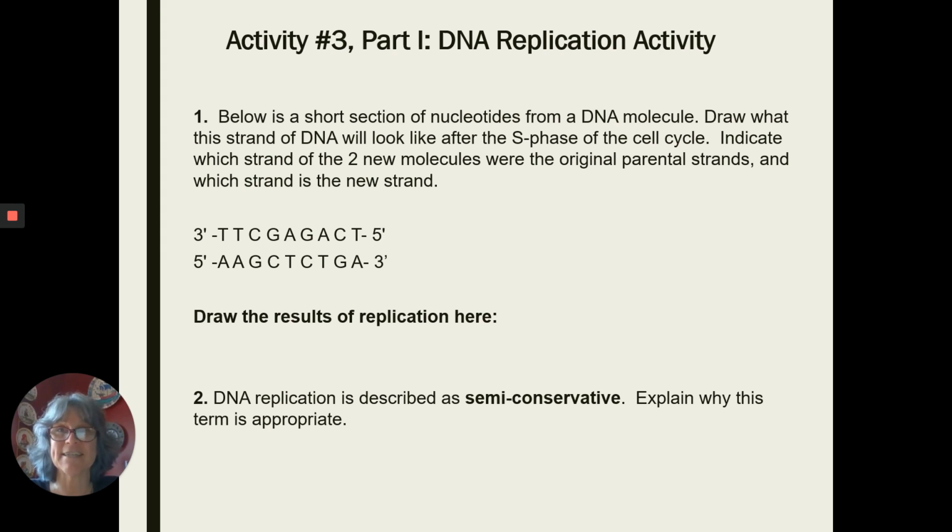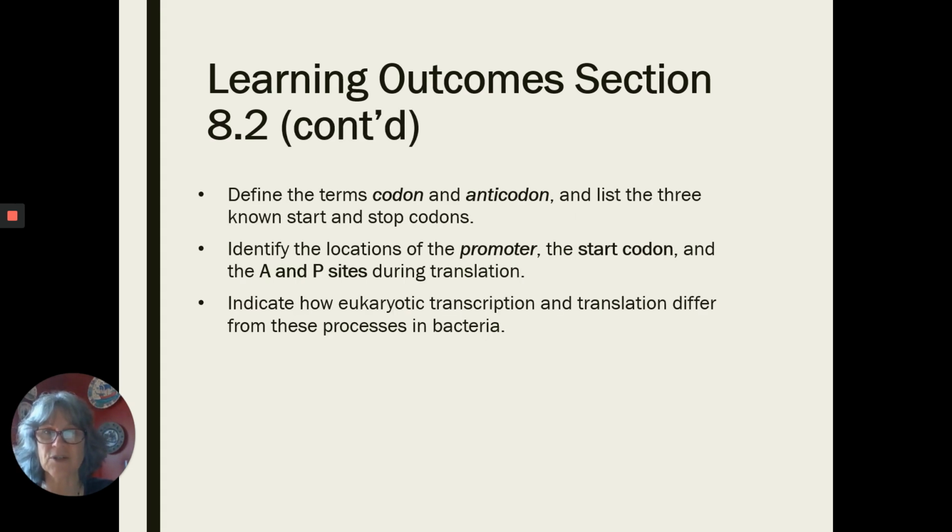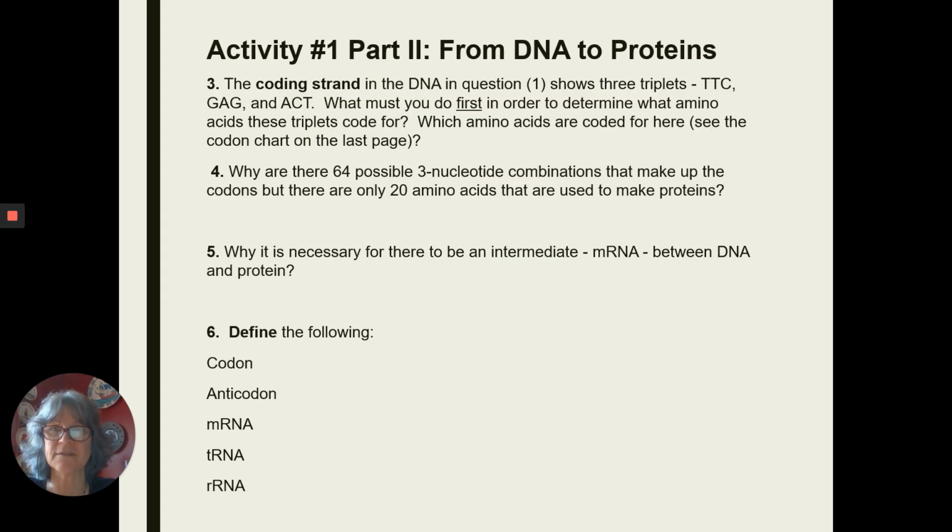So now everybody should be ready to tackle activity 3, part 1. So we'll move on to section 8.2, where we are going to provide an overview of the relationship among DNA, RNA, and proteins, identify important structural and functional differences between RNA and DNA, draw a picture of the process of transcription, list 3 types of RNA directly involved in translation, define codon and anticodon, identify the location of the promoter, start codon, A and P sites during translation, and the E site too, and take a look at how these two processes differ in eukaryotes and prokaryotes.